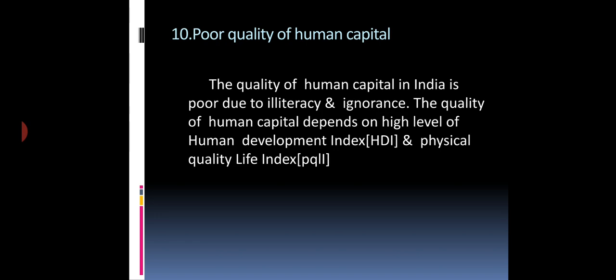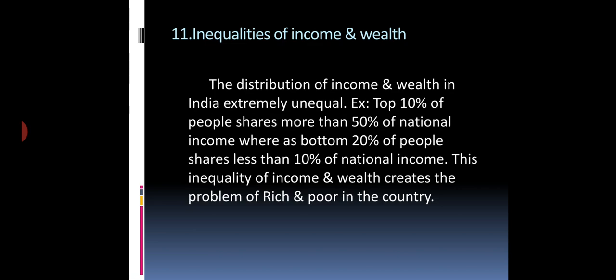The quality of human capital depends on a high level of Human Development Index, HDI, and Physical Quality of Life Index, PQLI. You can also note this for the objective type question on abbreviations: HDI refers to Human Development Index and PQLI refers to Physical Quality of Life Index.